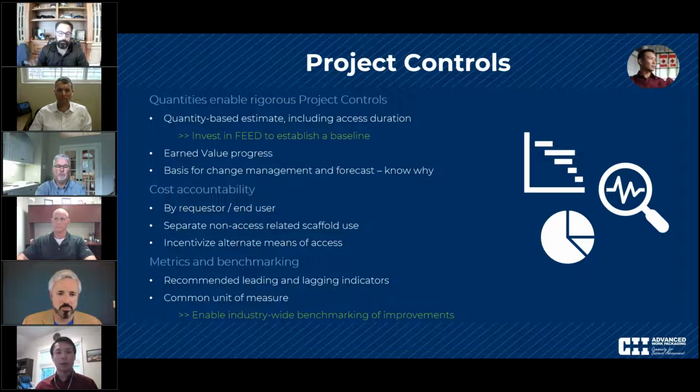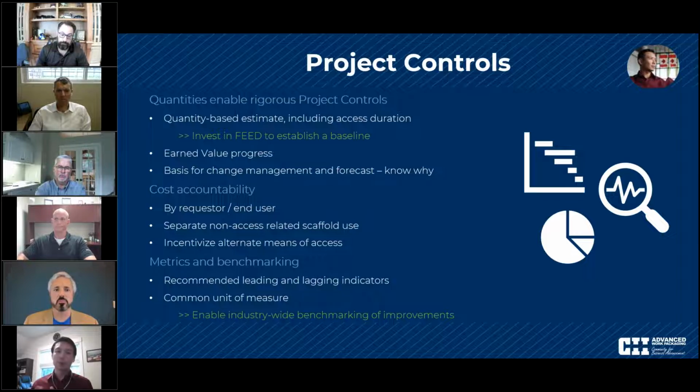Another important component of the best practice is looking at cost accountability for scaffolding. Right now, scaffolding tends to be its own cost account, which means if the scaffold cost is running over, it's the scaffolding superintendent or the scaffolding coordinator who's responsible for that.